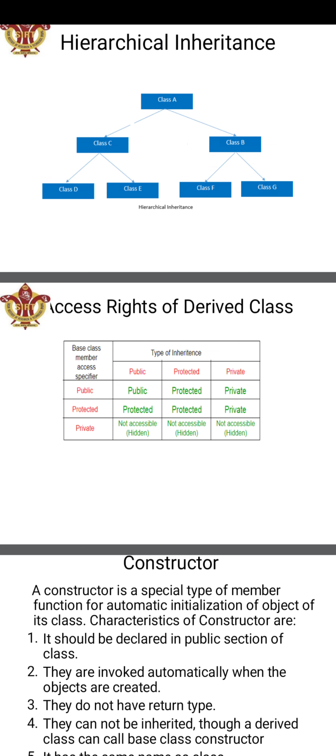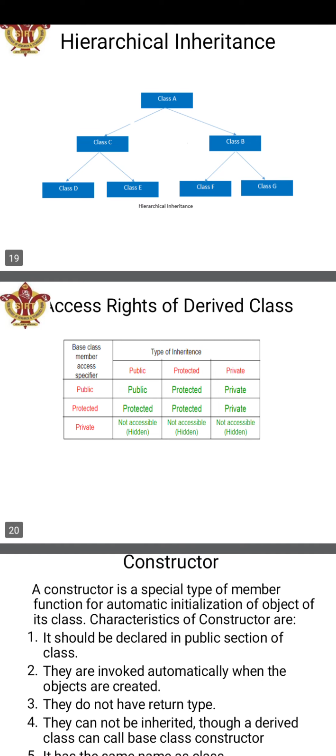If I am inheriting privately, then all the members of the base class, that is protected members and public members, will become the private members of the derived class. Private members of the base class will not be inherited. If I am inheriting protected, then all the members of the base class, namely protected and public, will become protected members of the derived class, and private members of the base class will not be inherited. Thank you.